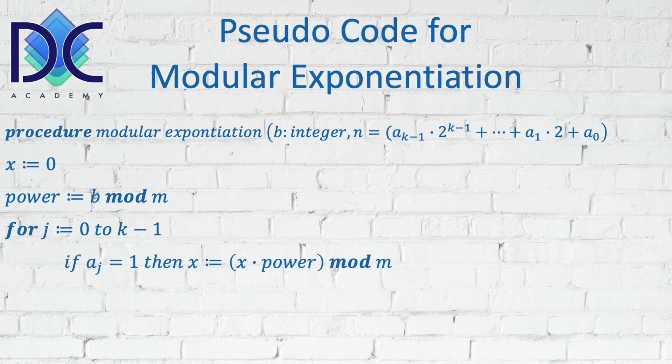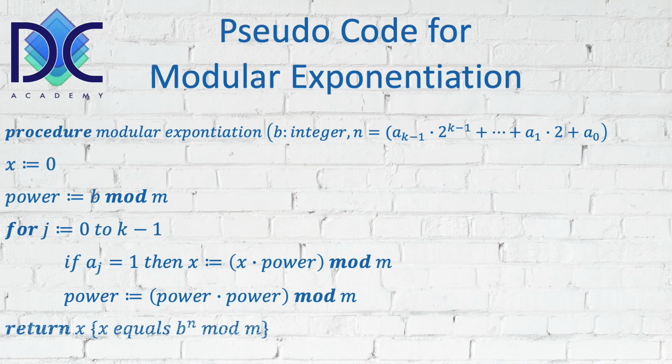When aj is 1, then we have x is x times power modulus m, and we rename that power is power times power modulus m, and we return at the end x equals b to the power n modulus m, so we find the final value of this expression.